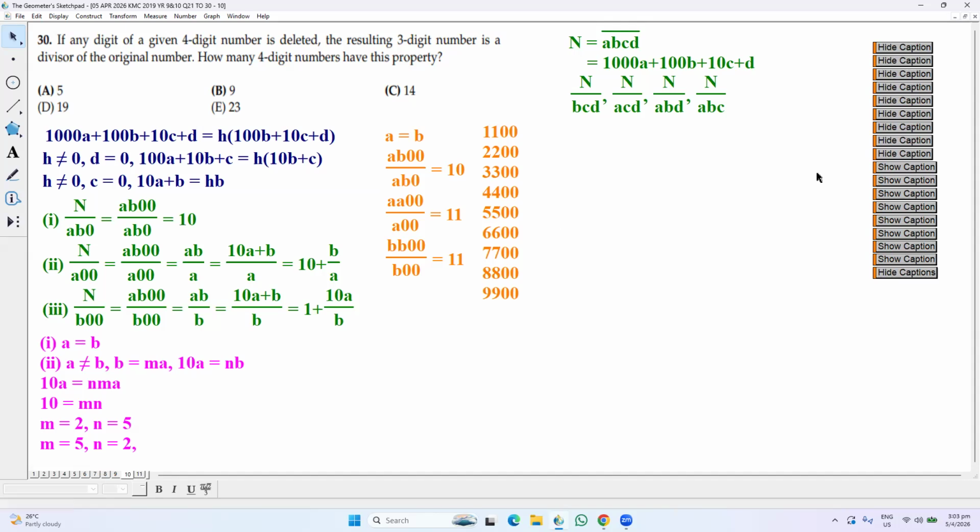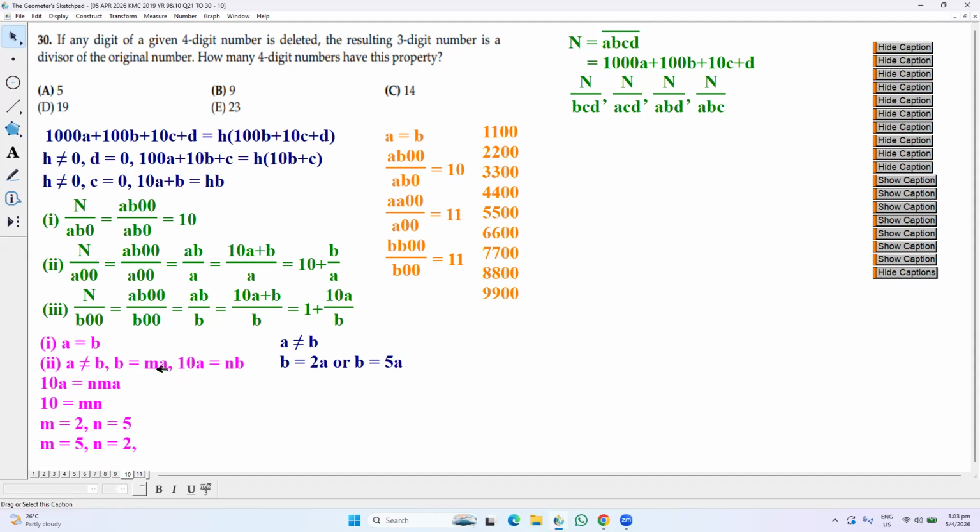I think I will show an example later. If A is not equal to B, then substitute. If M is 2, then B is 2A. If here is 2A, then we cancel, N is 5. 5 times 2A is 10A.